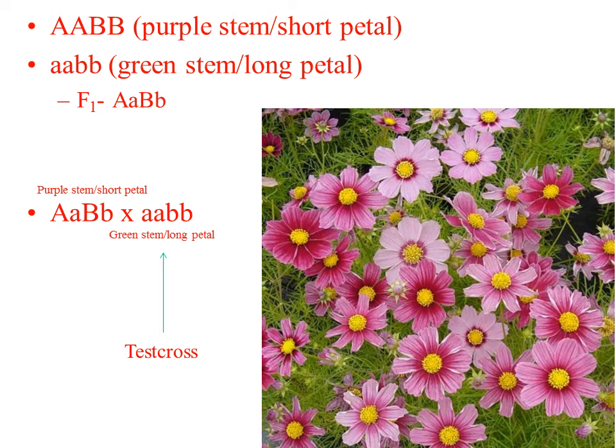When you cross those two individuals, you will get a heterozygous individual for both genes. So the F1 is big A little a, big B little b. Then you will perform a test cross. And remember, a test cross will be performed against the heterozygous, for this case, and a homozygous recessive for both traits.